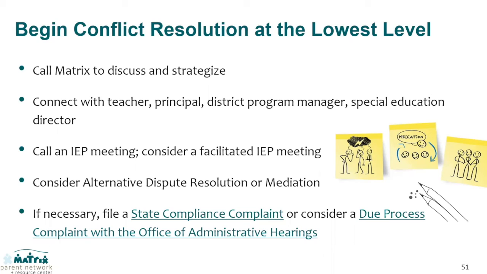And there is also due process. That's the way when you really come to a conflict that you can't resolve through non-judicial means, you can always file for due process. It's a serious step to take, and you don't want to do it unless you have to, but knowing that you can sometimes is important.